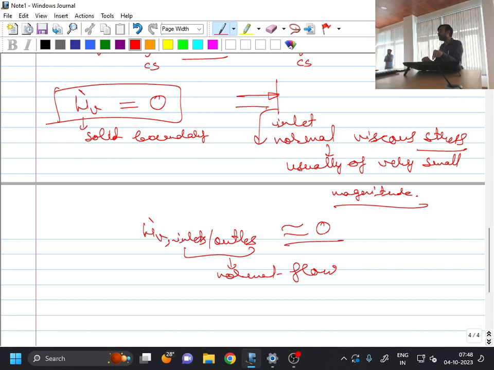Why am I putting the nearly equal to sign? Because our normal stress is not exactly equal to 0, but it is nearly equal to 0. Okay, this point is clear.